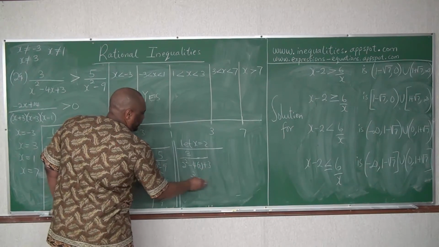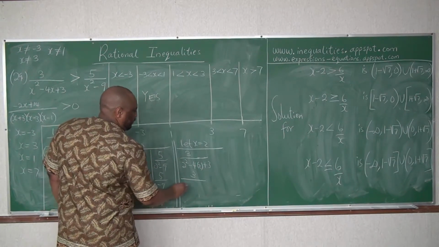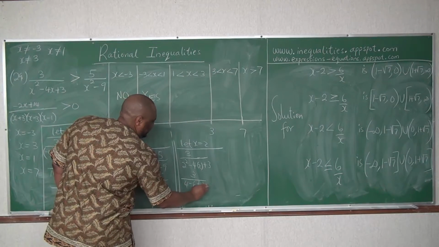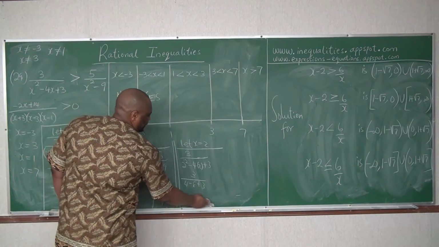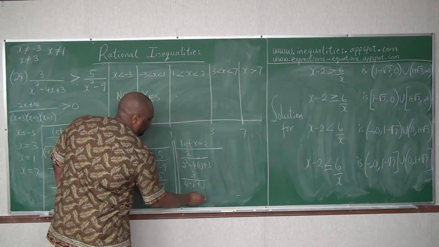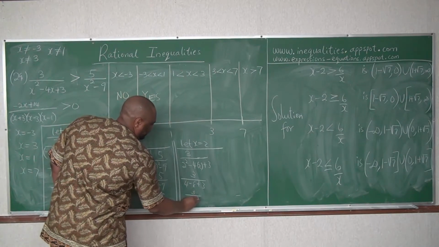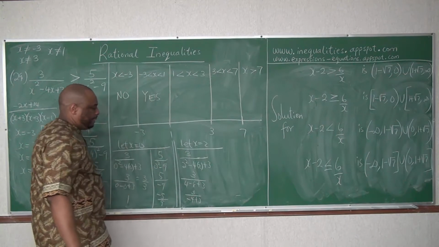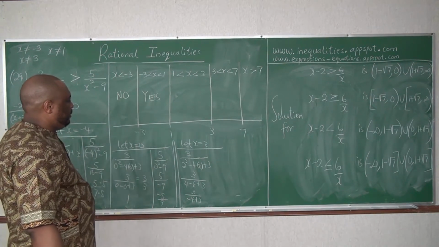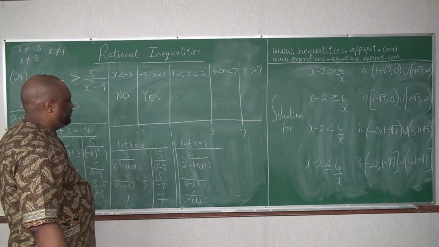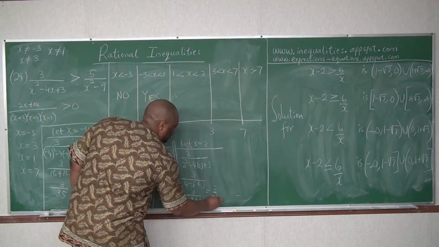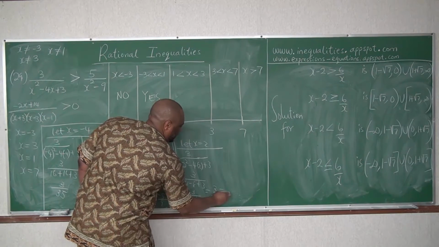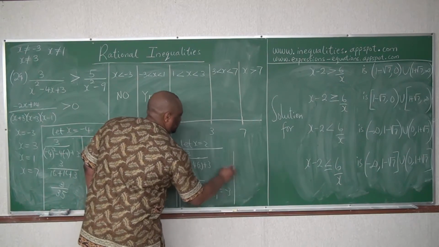So this is 3 over 4 minus 8 plus 3, which is minus 4 plus 3, which is 3 over minus 1, is that right? 3 over minus 1, and that is minus 3 on the left.